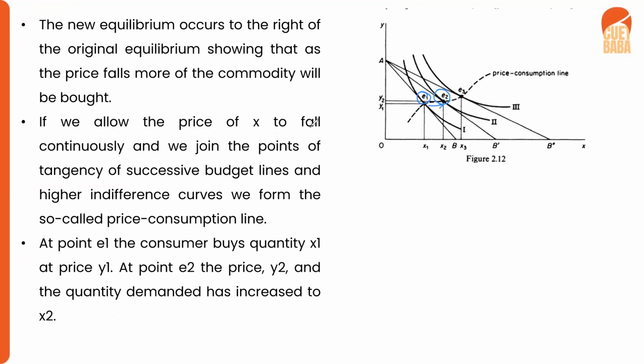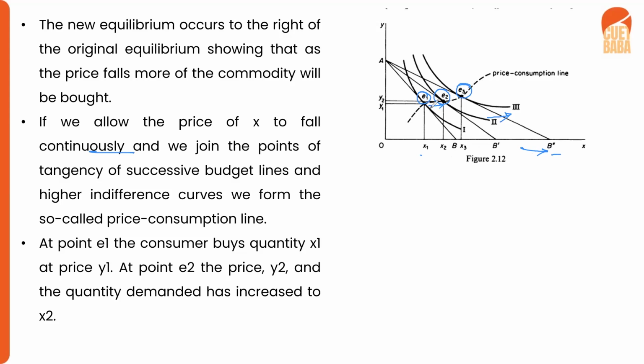And if we allow the price of X to fall continuously, so earlier it was here, and then if the price of X falls, we shift to B dash, and if it again continuously falls, then we shift to B dash dash. And so we'll be moving on to a higher IC curve as well, and the equilibrium point also shifts.